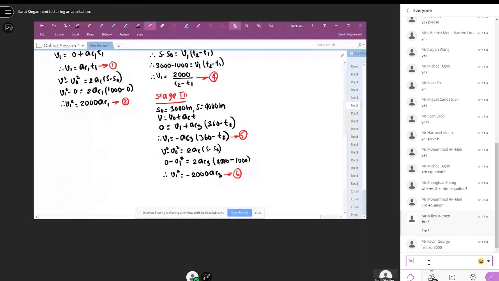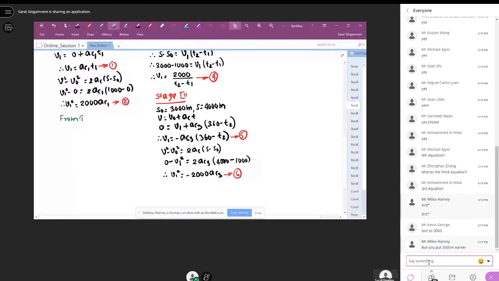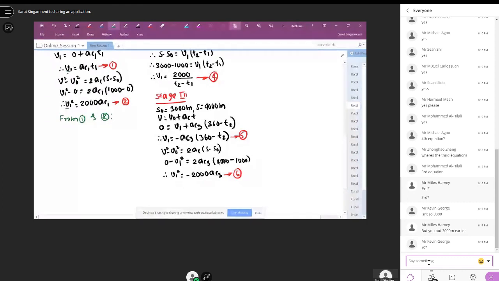From 1 and 2, what I can write is, we can actually equate V1 on both sides.